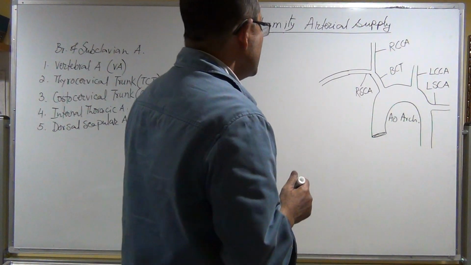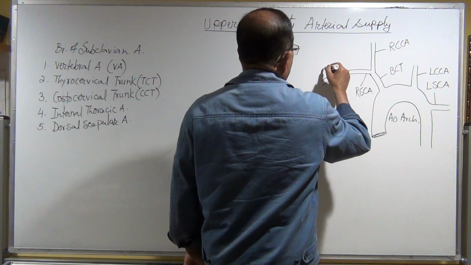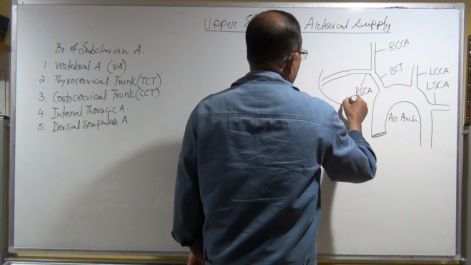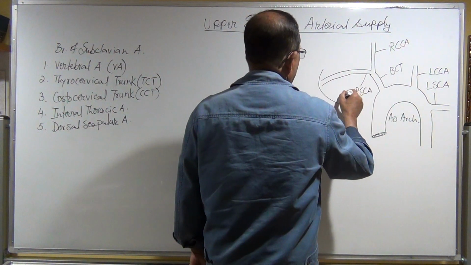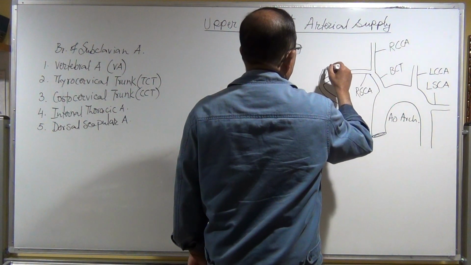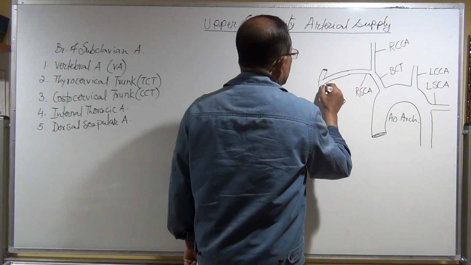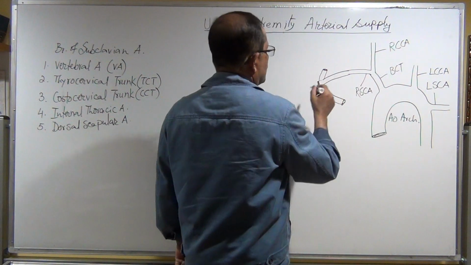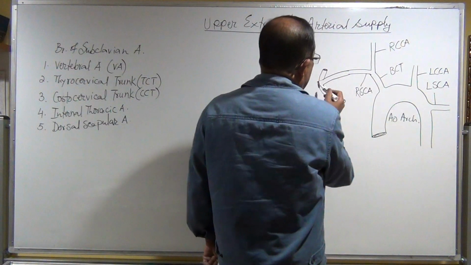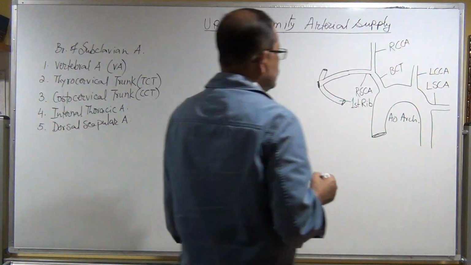And the subclavian artery ends at the outer border of the first rib.